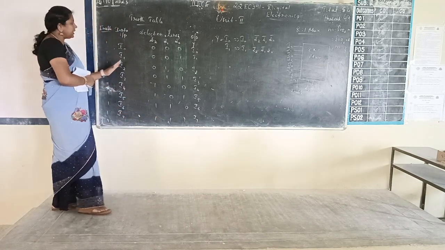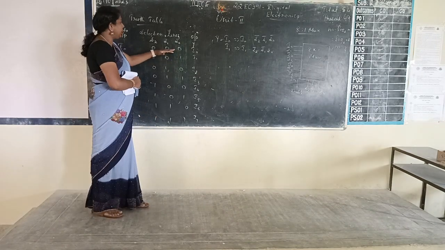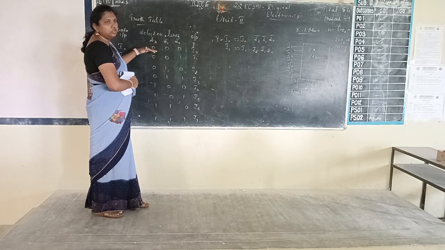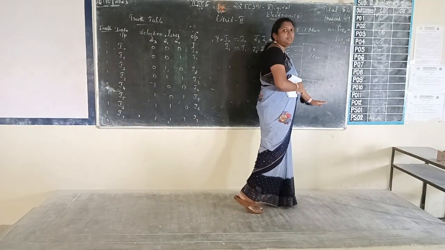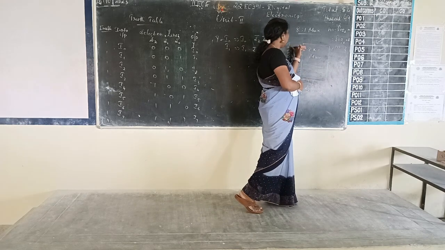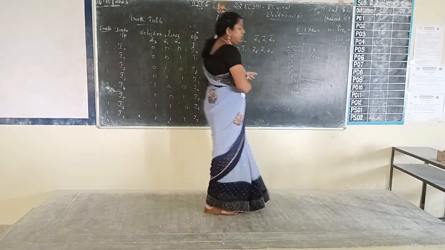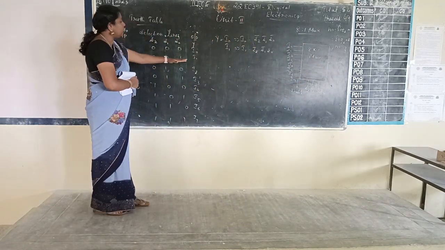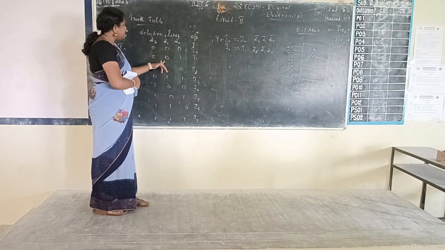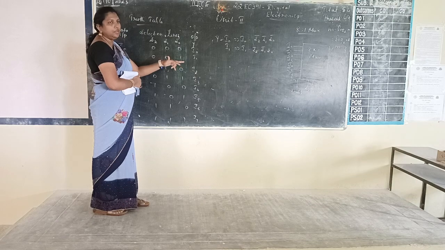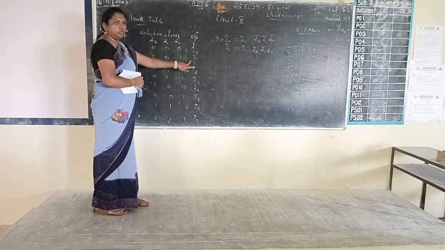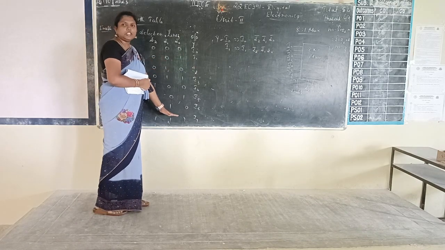Listen. When S0 equals 0, S1 equals 0 and S2 equals 0, the selector variable will select I0 as output. Then when S0 is 1, S1 is 0 and S2 is 0, the selector line will select the I1 input. Similarly, the operation goes on.